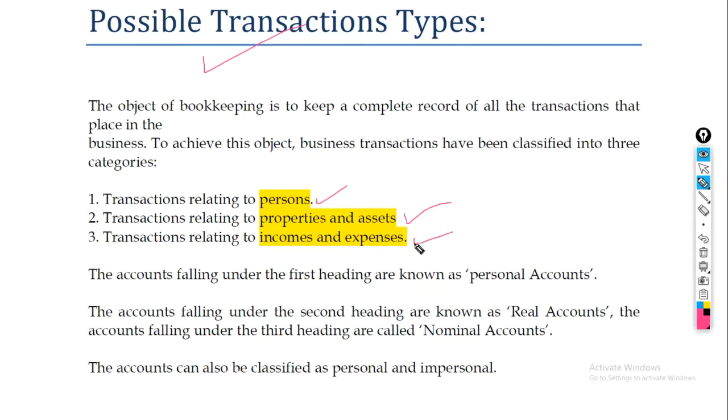And the third one is income and expense, like earning revenue from interest income or paying rent, which is an expense. This will further be classified into personal account, real account, and nominal account. We'll get there in just a second.